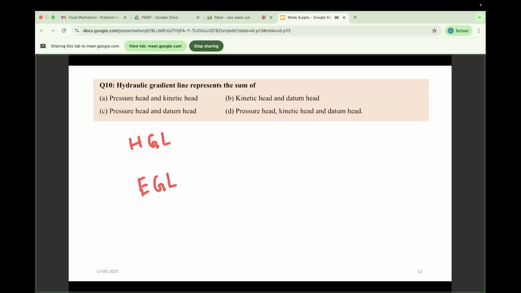These are the two gradient lines you will get to know in any pipe flow. What basically is it? It is the summation of datum head plus pressure head.